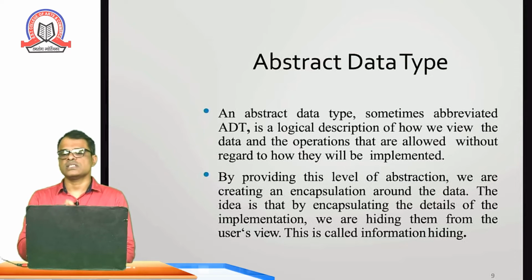We just see how the data and operations are allowed, and this abstraction creates an encapsulation around the data. The idea is that by encapsulating the details of the implementation, we are hiding them from the user's view. This is called information hiding.